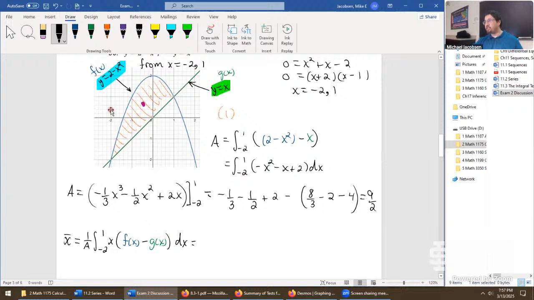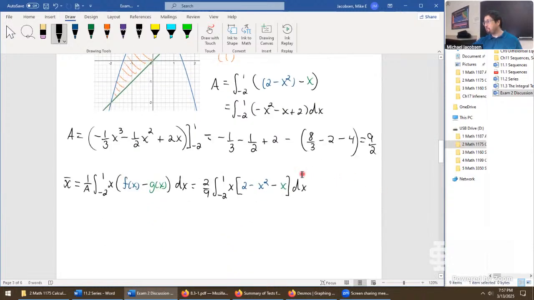So next integral to run through. Let's plug in the information for f of x and g of x, as well as 1 over area, which is just a reciprocal of 9/2, so 2/9. Integrate from -2 to +1, x times the group, f of x, 2 minus x squared, minus g of x, which is the x there, dx, and now just another integral.